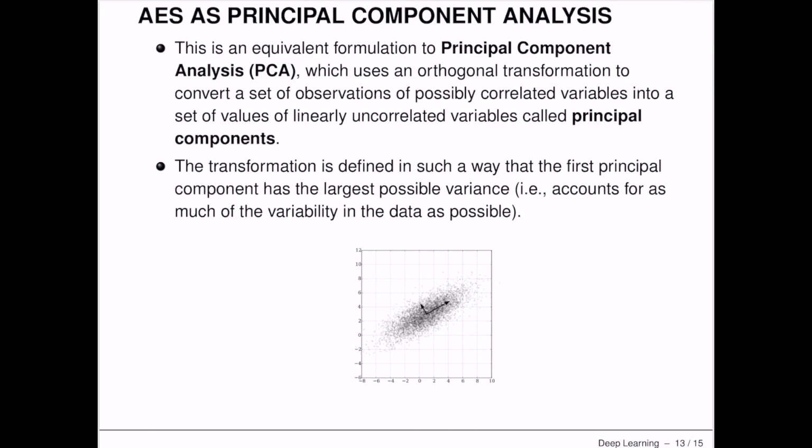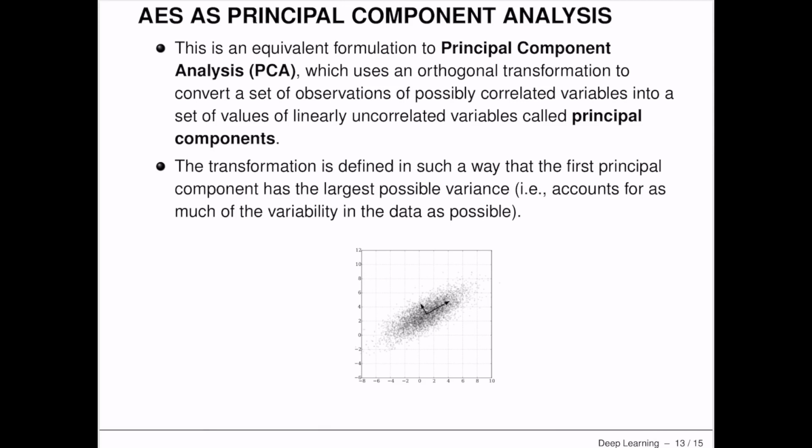The transformation is defined in such a way that the first principal component, so the first latent variable we map to, has the largest possible variance. So it should explain as much of the variability in the data as possible.